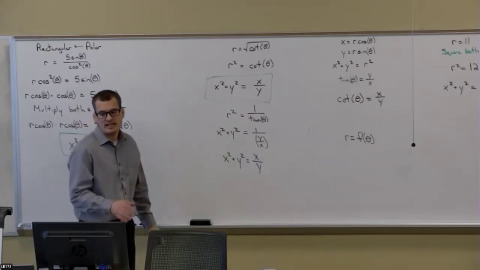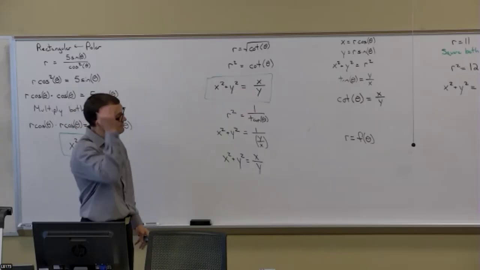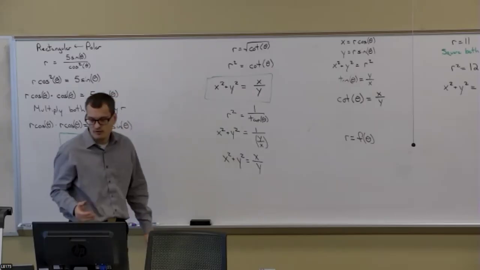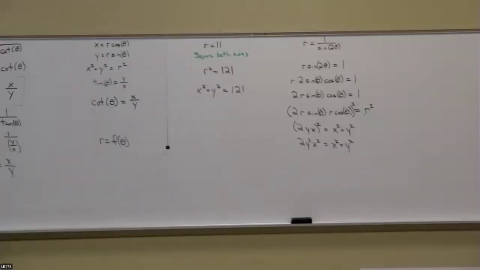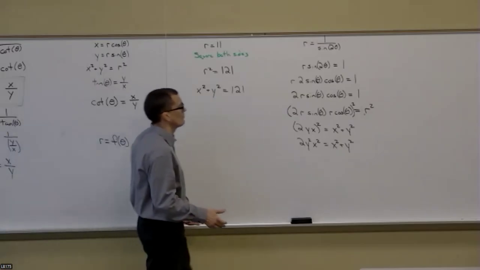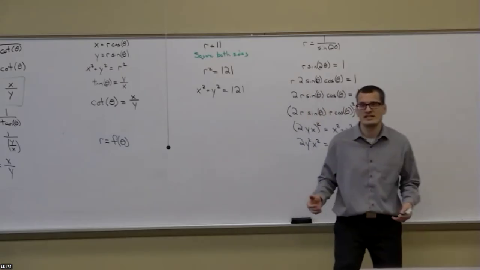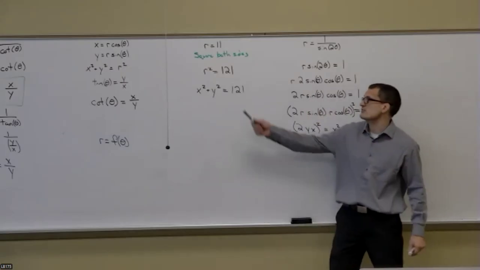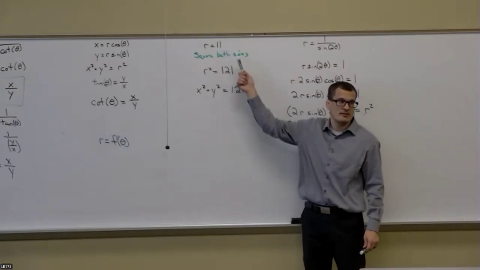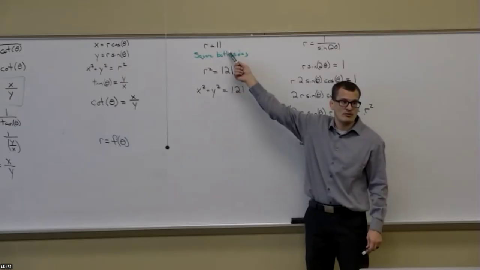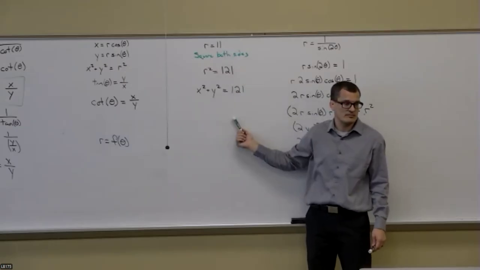Now, let me state a few things. First off, I mentioned this before, but I'll mention it again. Some equations are a lot simpler in polar form than rectangular form.